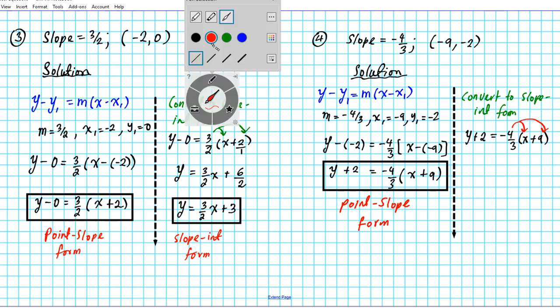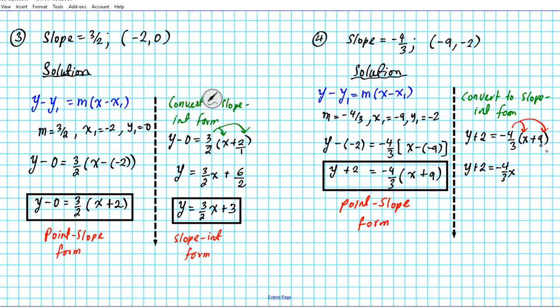If we carry out the distribution, we're going to have y plus 2 is equal to negative 4/3 times x is negative 4/3 x. And then we can write 9 as 9 over 1. So negative 4/3 times 9 over 1. Remember, when you multiply different signs, you always have a negative. And whenever you multiply the same signs, you have a positive.